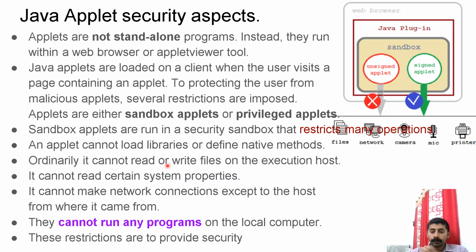It cannot create any file, or it cannot delete any file on the machine where it is running. It cannot read certain system properties. It cannot make network connections except to the host from where it came from. So the applet can make a network connection only to the web server from where it is downloaded. It cannot communicate with any other network address.